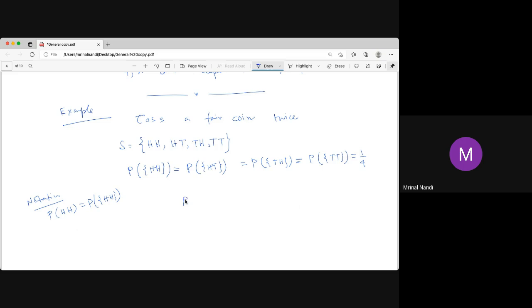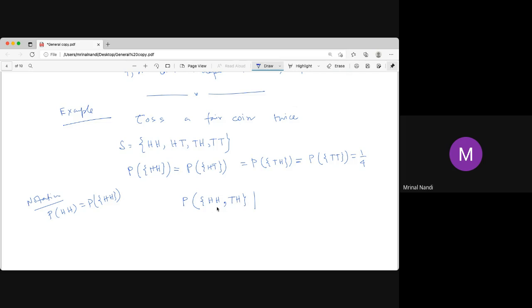Now say I consider the probability of head and tail, head. What is the meaning of that? This is the event where the second toss is head.